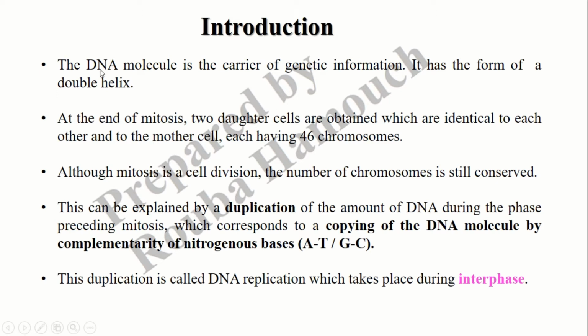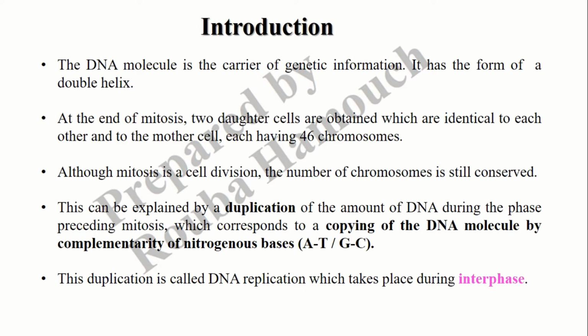As you know, the DNA molecule is the carrier of genetic information and it has the form of a double helix. So each DNA molecule consists of two DNA strands which are complementary and antiparallel. Although mitosis is a cell division, the number of chromosomes is still conserved. How can we explain this?